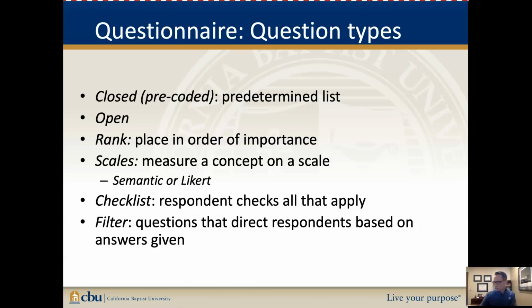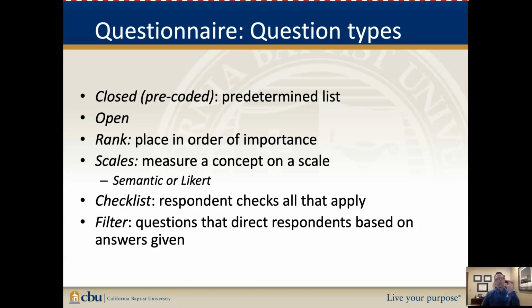So a filter question will go all the way to the bottom. Depending on the subject's response, you might kick them to a different version of the survey. So let's say you're comparing people, everything is political right now, so let's say you're comparing different groups based on their politics and who they're going to vote for in the presidential election. So, the first filter question might be, who do you plan to vote for in the 2020 presidential election?